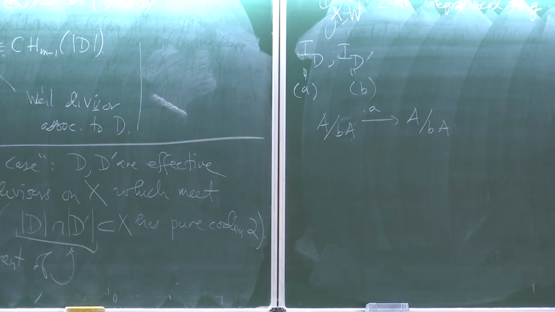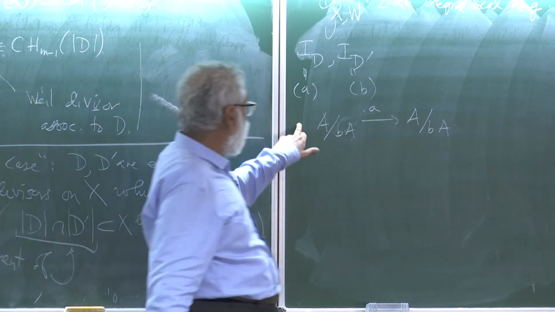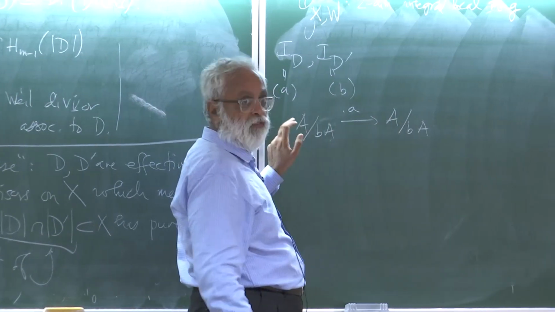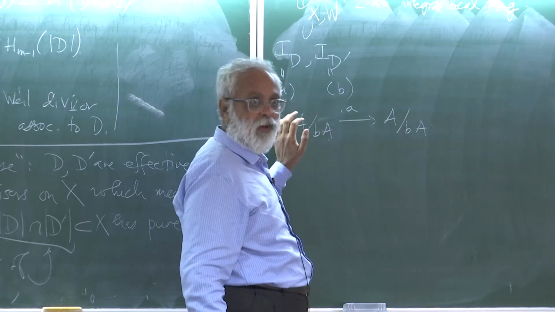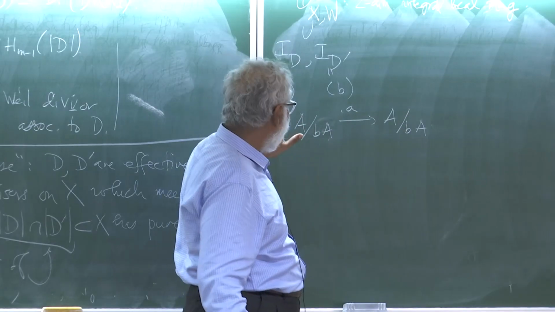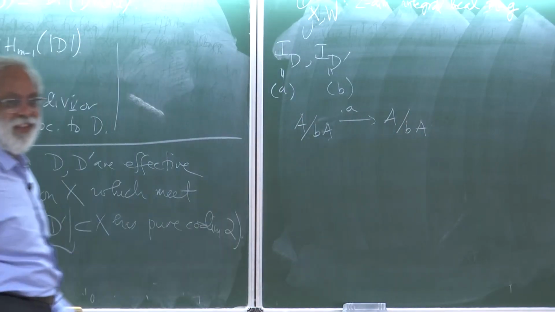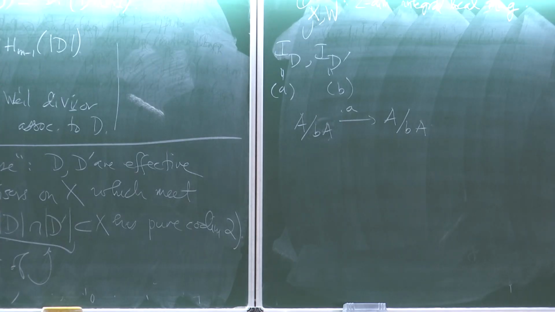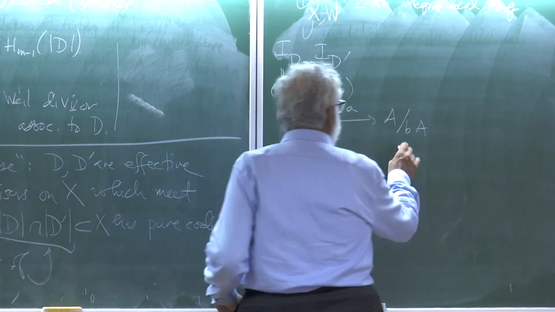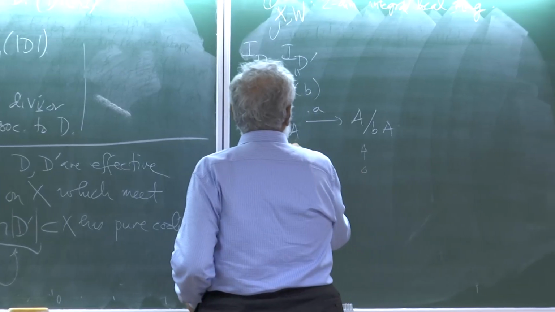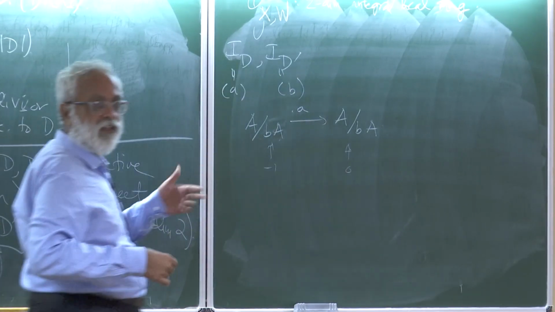This is a complex of finitely generated A modules, if you like, and the homology could be in degree zero and first. If I write cohomology, I suppose I should think of this as in degree 0 and this as in degree minus 1 if I think cohomologically.